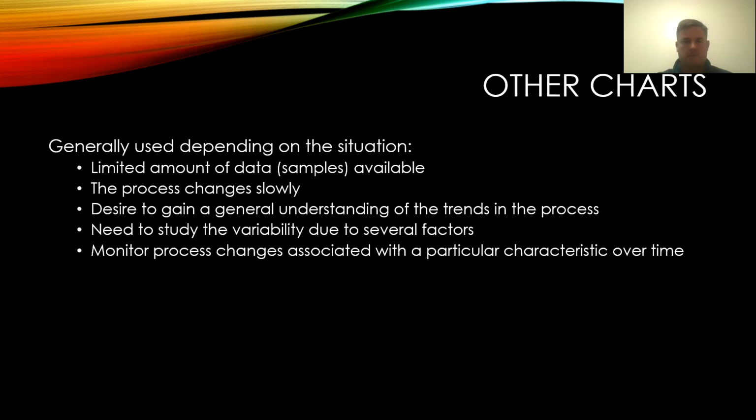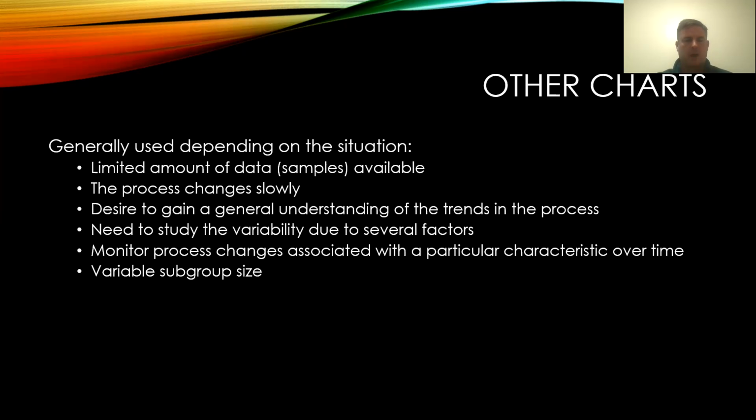You also want to monitor the process changes associated with a particular characteristic over time, and I'm going to show you how that works. It's a nice way to do this easily without a whole lot of math. We'll look at that as well.